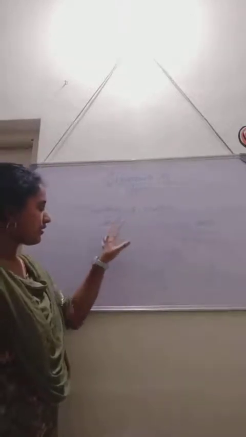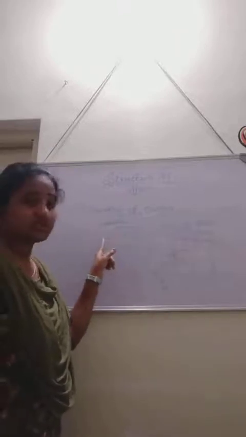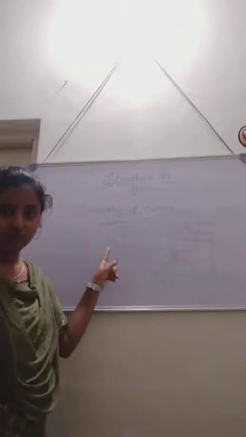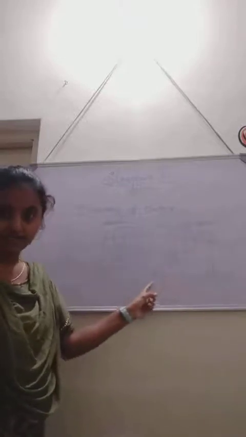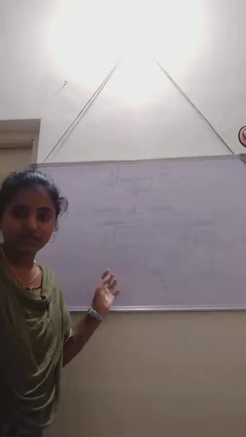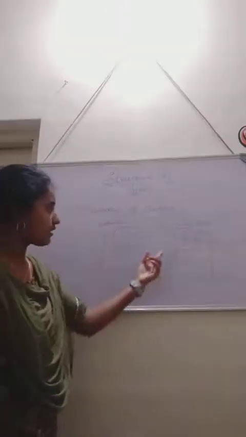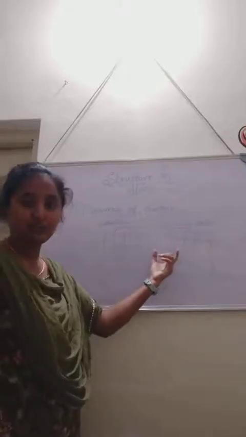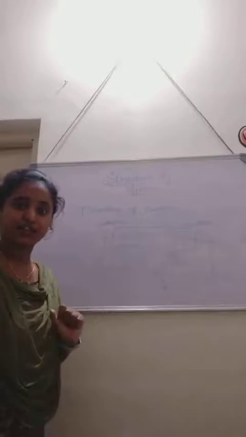This tube is a sealed glass discharge tube, and two ends are connected to a battery. Why are we using a battery? In order to provide high voltage. And this glass discharge tube contains vacuum in order to adjust the pressure.